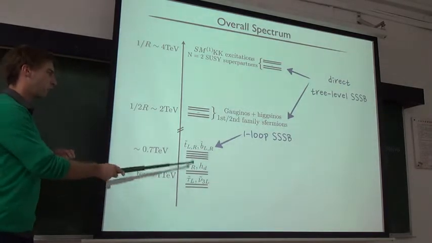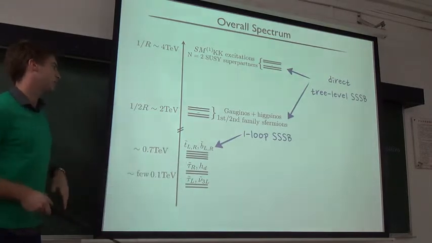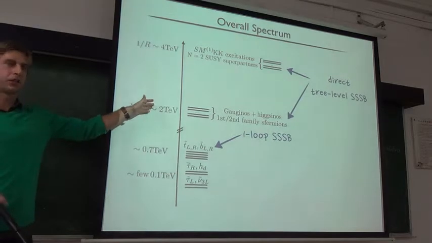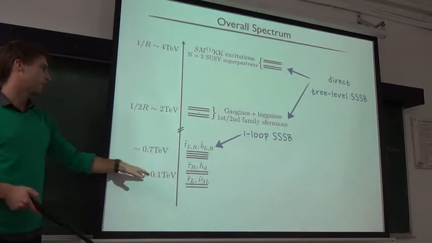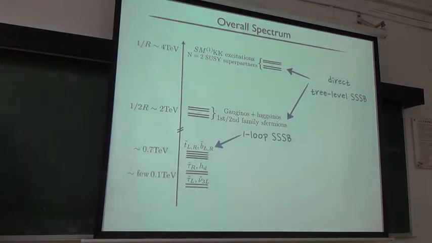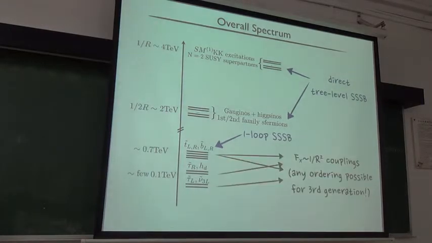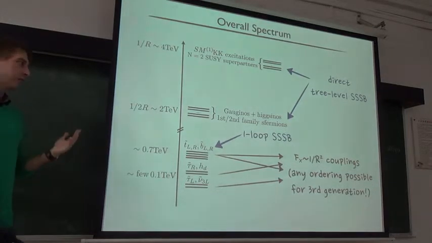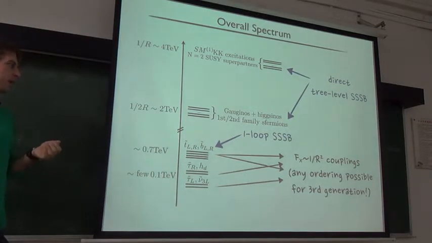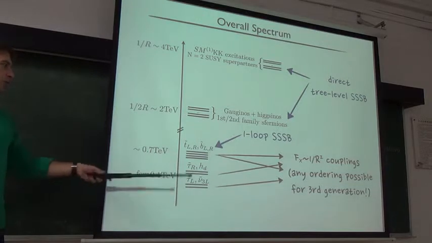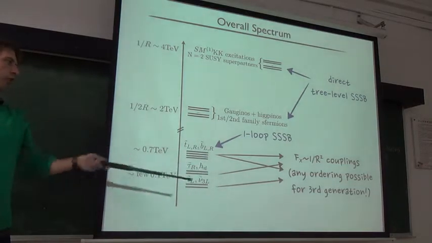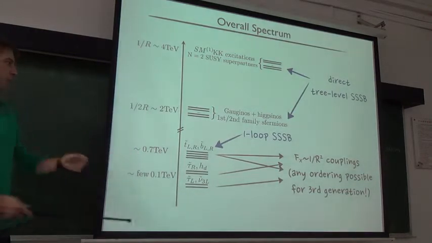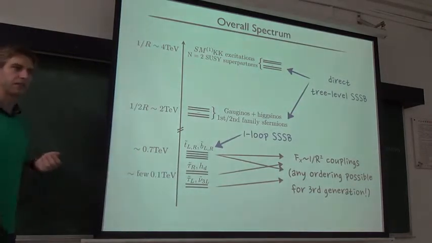So you know the overall mass scale of these states is a factor of 5 or 10 below the heavy states at 2 TeV, but you don't know what the actual values of these masses are. So if you're thinking about the phenomenology of these models, and if you're thinking about electroweak symmetry breaking, it's possible that there's kind of any ordering for these masses. So what you've predicted in this model is the overall hierarchy, but not the relative masses of these states.